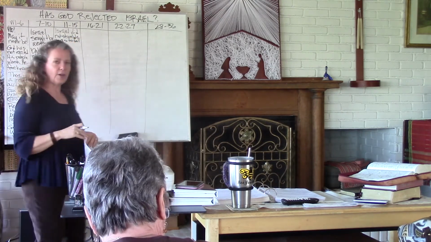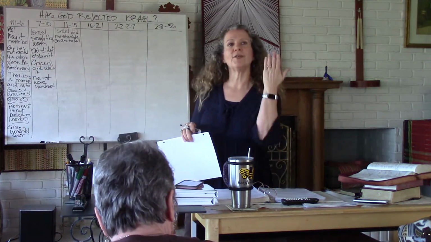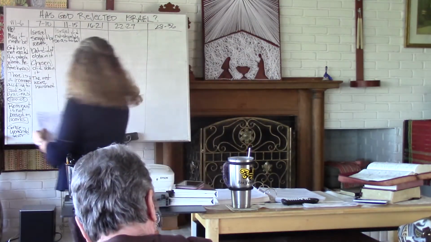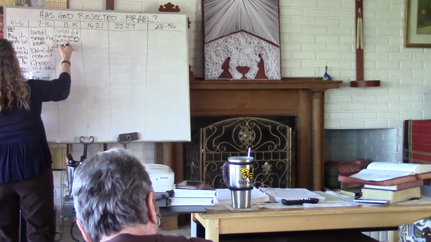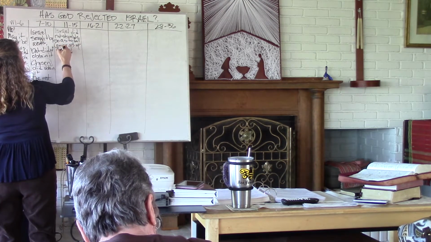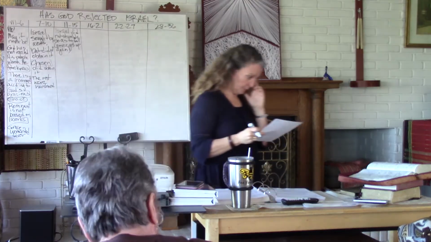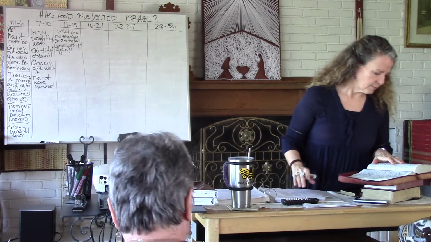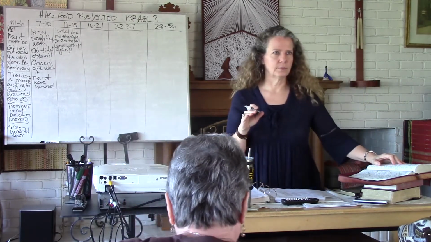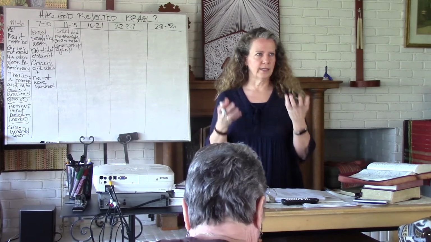And in this case of fall, it's talking about they didn't stumble so as to fall, meaning to never get up again. Okay? So I'm just going to put that in parentheses. But they did stumble. Again, a lot of times we're talking collectively as a group, not individuals.